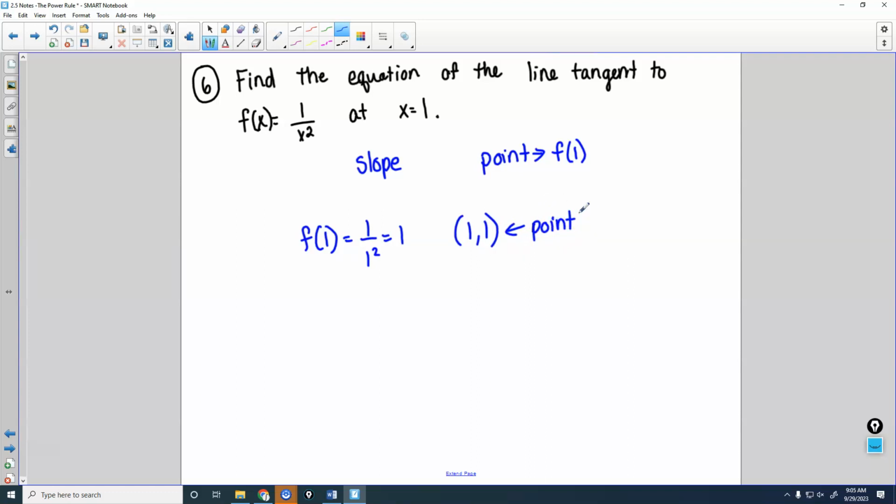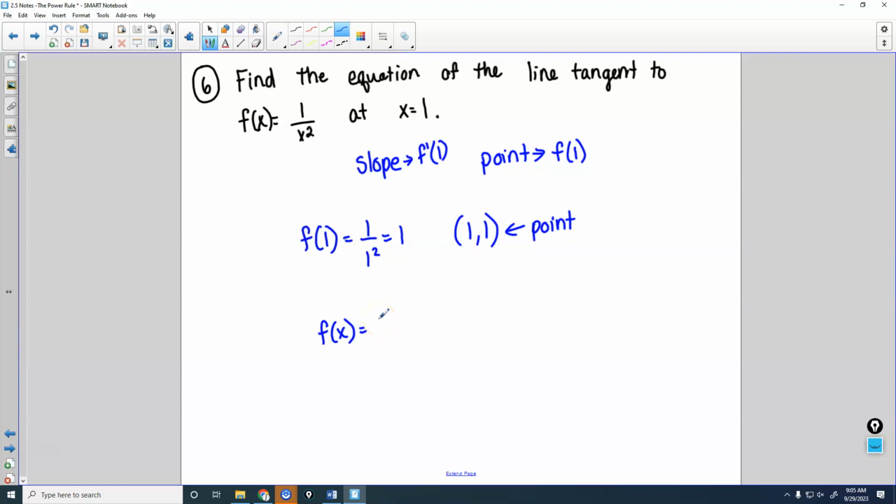Okay? Then I need to do the slope. What do I find for the slope? Derivative. f prime of 1 is what I'm looking for slope. So before I can do the derivative, this one is not written as just an x to a power. How do I rewrite that so that it is just x to a power?